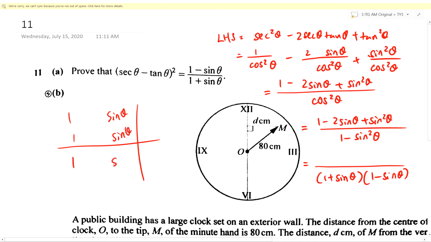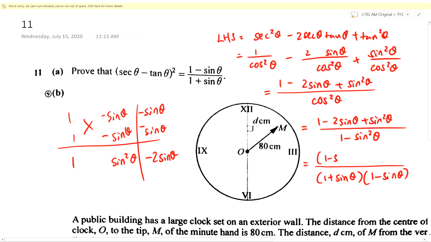So we get 1 and sine squared theta. We want a result of negative 2 sine theta. So we will allocate the negative signs this way, which means our numerator is now factorized to become (1 minus sine theta) times (1 minus sine theta). And one of them is going to cancel off. Then we are reaching the final step already.